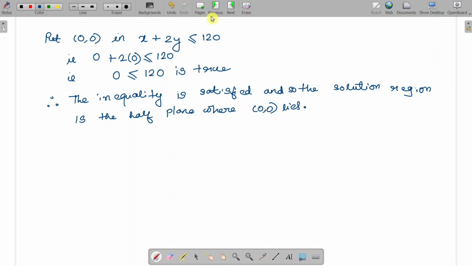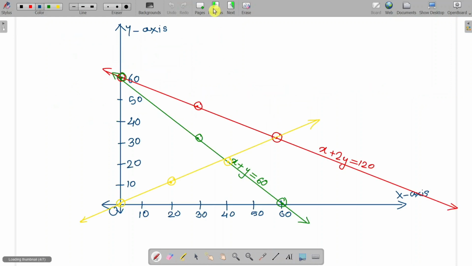Okay, so if you look at the first line, the solution region is this here where (0, 0) lies.